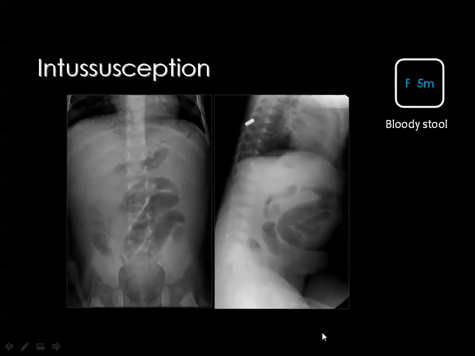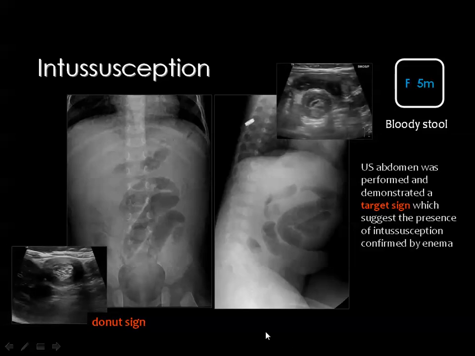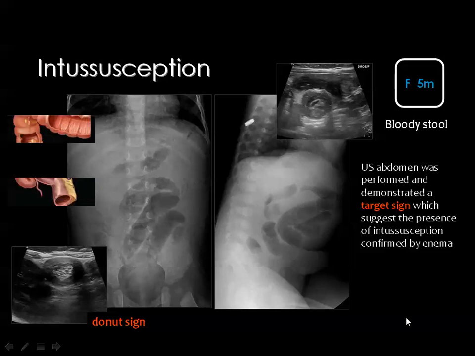Then by plain film, you cannot predict the possibility of intussusception. You see dilated gas-filled bowel loops, but by ultrasound, you are sure from this target sign that you are dealing with an intussusception, and you can exactly locate its site.